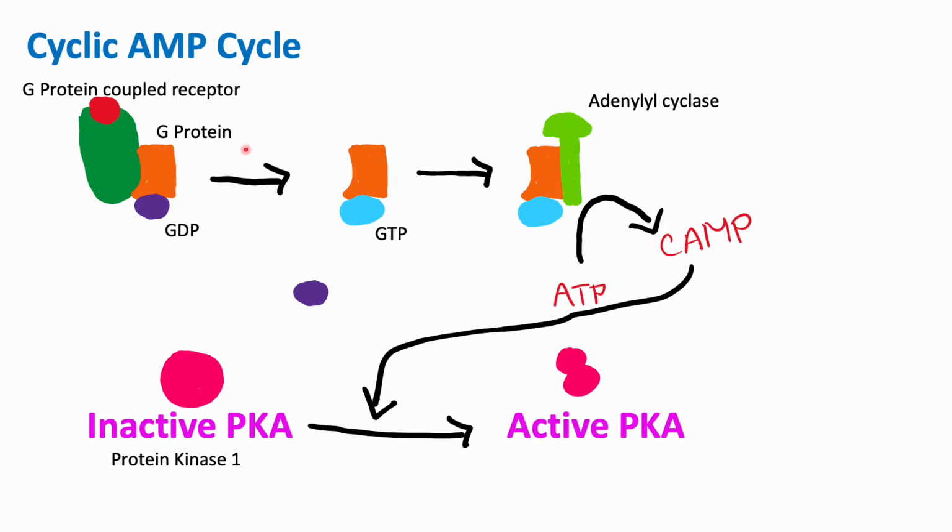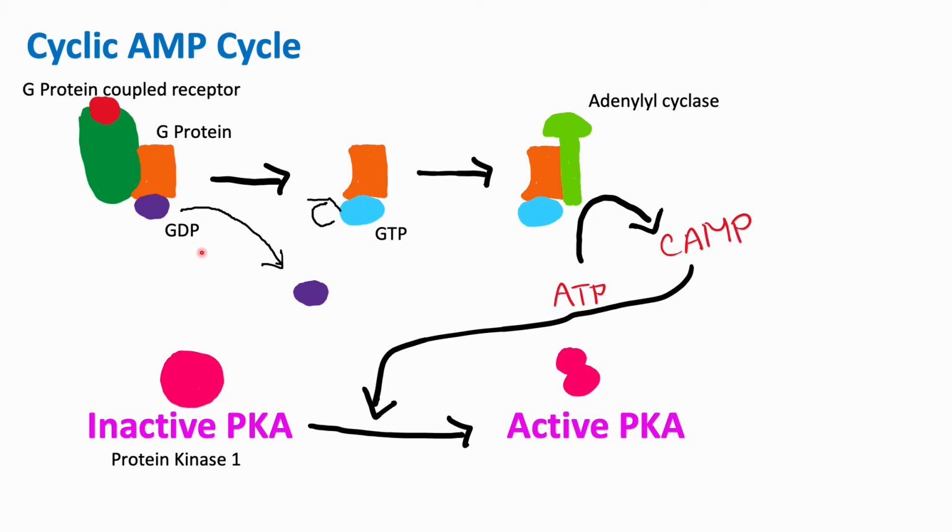So on this G protein, we have GDP, and we receive a signal. The signal will bind to the receptor, and it will cause a change over here in this complex of the G protein and GDP. So essentially what happens is that when that signal binds, it's going to cause the G protein to lose the GDP and gain a GTP. So what's the difference?